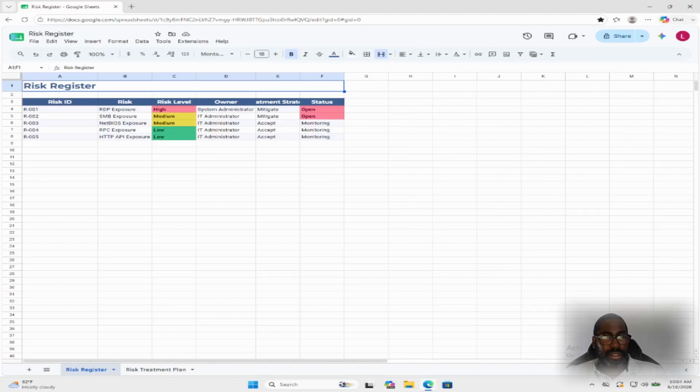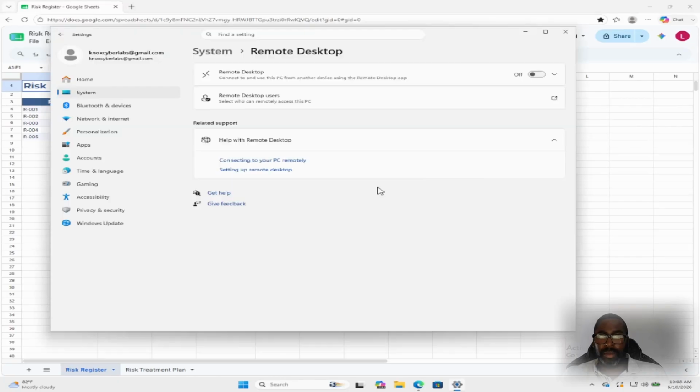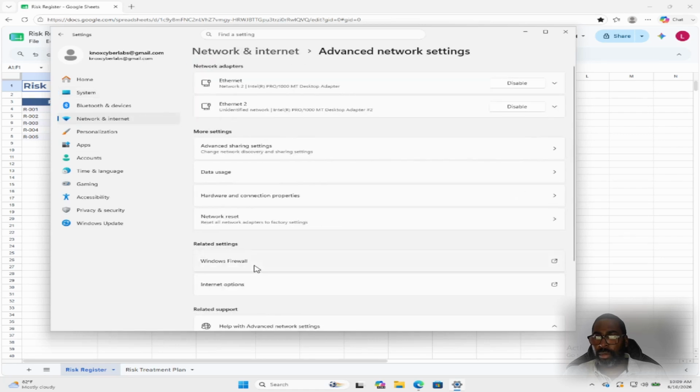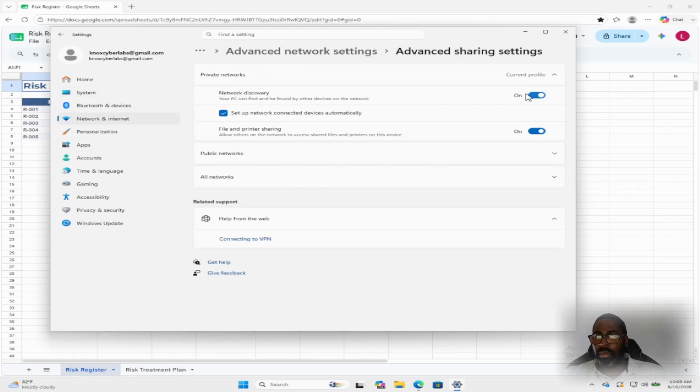File sharing services increase the risk of unauthorized access to organizational data. To reduce this exposure, I'm disabling file and printer sharing. File sharing functionality has now been restricted, reducing the potential for unauthorized access to shared resources.